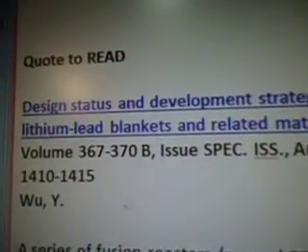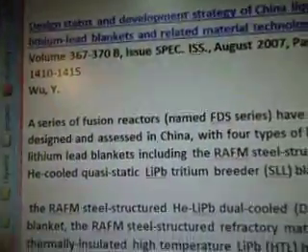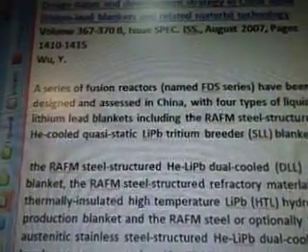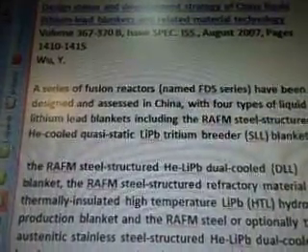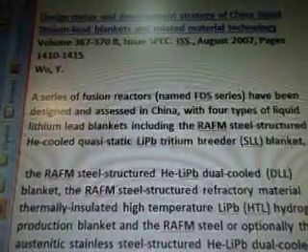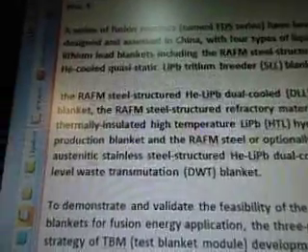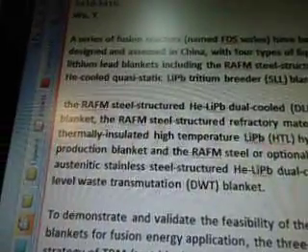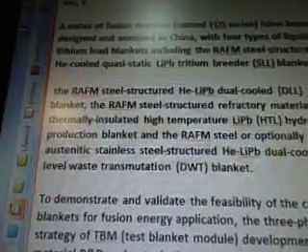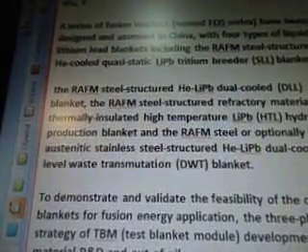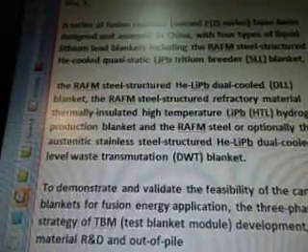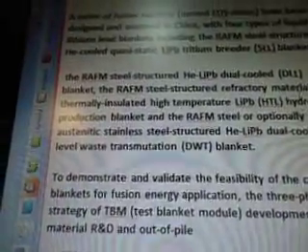From 2007 from Wu Y. A series of fusion reactors named FDS series have been designed and assessed in China, with 4 types of liquid lithium-lead blankets, including the RAFM steel-structured, helium-cooled quasi-static LiPb tritium breeder SLL blanket, the RAFM steel-structured He-LiPb dual-cooled DLL blanket, the RAFM steel-structured refractory material, thermally insulated, high-temperature LiPb-HTL hydrogen production blanket, and the RAFM steel, or optionally the austenitic stainless steel-structured dual-cooled high-level waste transmutation DWT blanket.